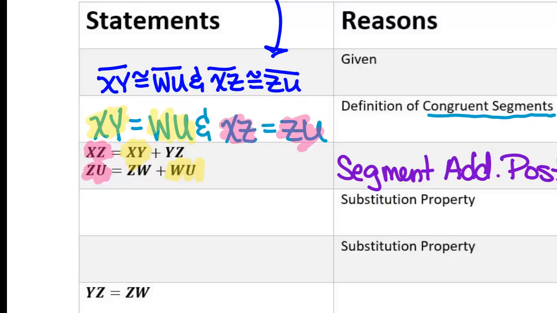I'm going to check out where I'm trying to get to. I'm going to see the statements down below to see where I'm supposed to go next. Looking down below, I see YZ, which is right here, and ZW, which is right here. So these are the two things that I want left over at the end, and I want them in a single equation. Right now I have two equations, but I only want one.